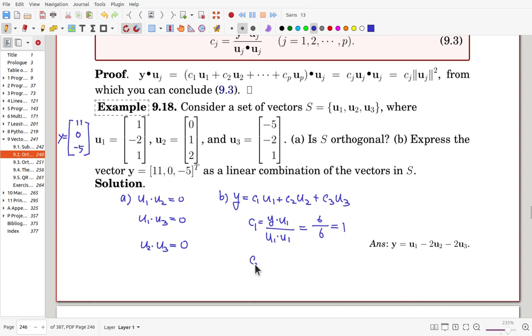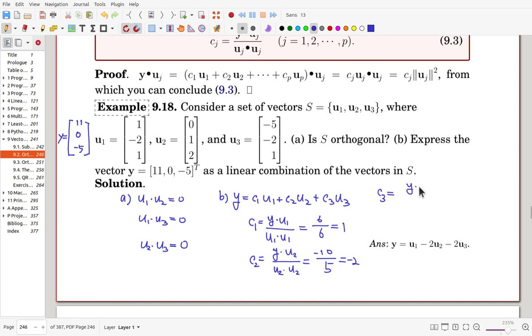How about c2? That is y dot u2 over u2 dot u2. y dot u2 is 0, 0, minus 10, divided by u2 dot u2, 1 plus 4, 5. So it is minus 2. Finally, we have to get c3.